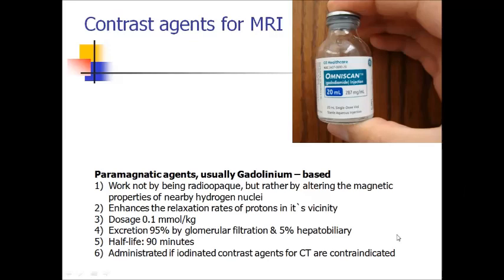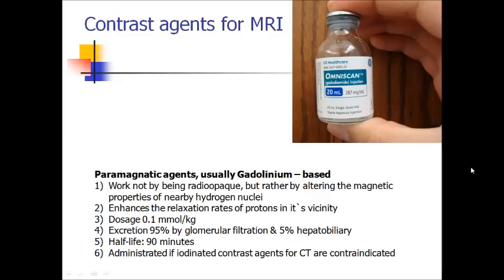But the half-life of this agent is 1 hour and a half, and this leads to a longer duration of MRI examination with contrast enhancement. It's much longer than CT scanning also with contrast enhancement.